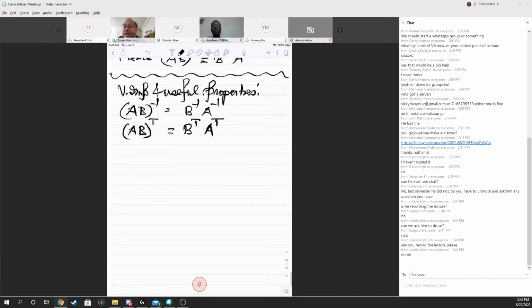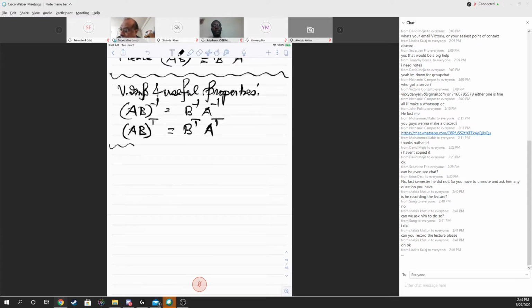Okay, finally, the last topic today, and that's most important. If A is invertible, then A transpose is also invertible. A transpose inverse is A inverse transpose. Very important, this is actually very important.